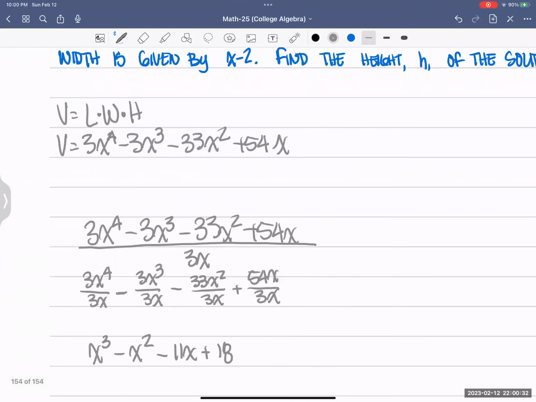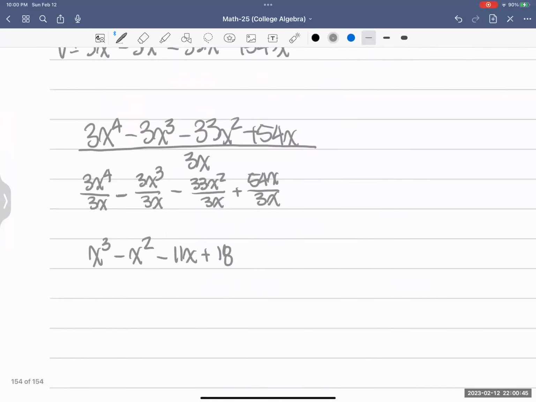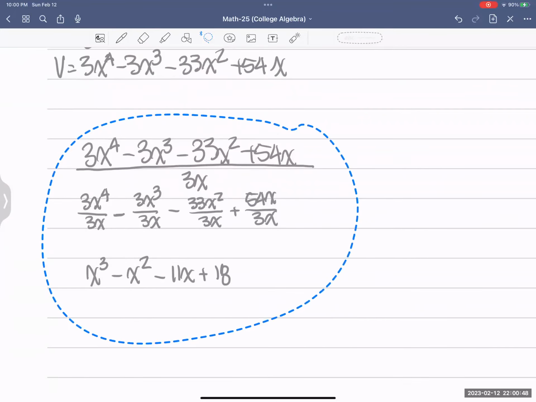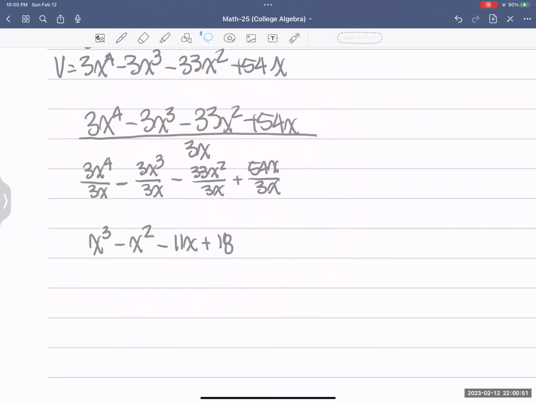Actually, we could write this down here because we just factored that out. Now our volume is equal to 3x times, this is our result, x cubed minus x squared minus 11x plus 18. We just factored out that 3x by dividing it.